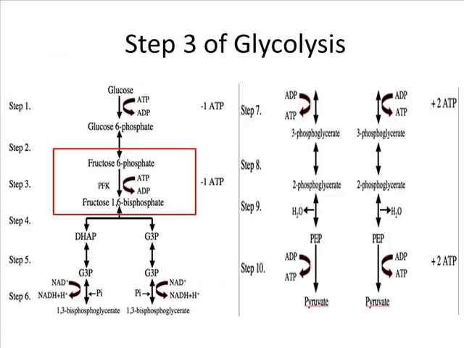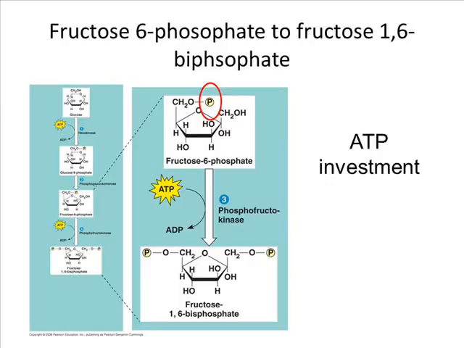Let's look at step 3. This is where fructose 6-phosphate is converted into fructose 1,6-biphosphate. And again, this requires ATP to be invested. So as we can see, fructose 6-phosphate is a molecule that contains 1 phosphate. So we combine our fructose 6-phosphate with an ATP on the enzyme phosphofructokinase, or PFK for short.